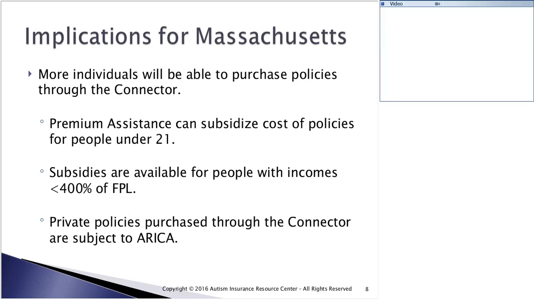But if we had a nickel for everyone who contacted the center and said, I just want to purchase other coverage, you couldn't. You couldn't just call up an insurer and say, I have this child, they need treatment, there's a law in Massachusetts, can we get a policy that will give them access to that coverage? It just wasn't allowed, it wasn't available.